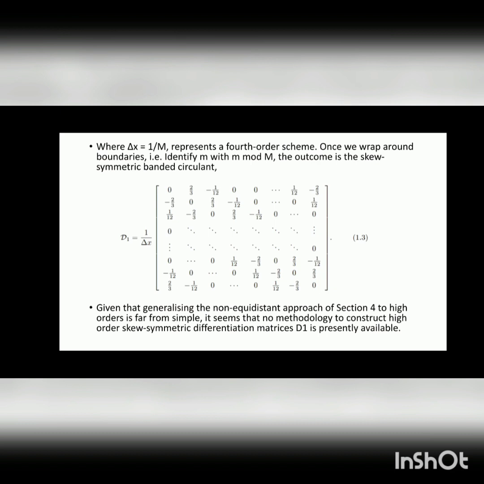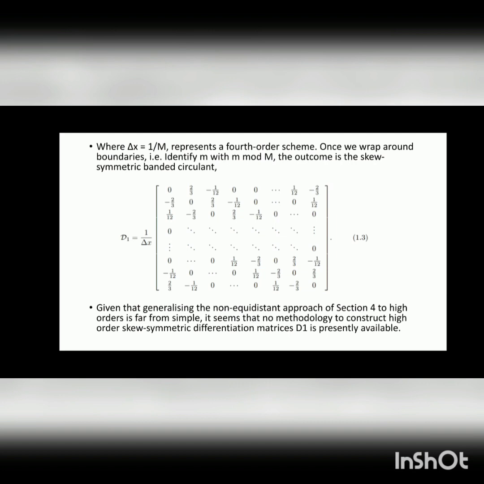represents a fourth order scheme. Once we wrap around boundaries, that is, identify m with m mod M, the outcome is the skew symmetric banded circulant.